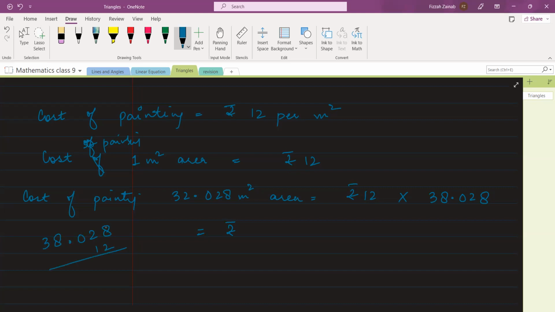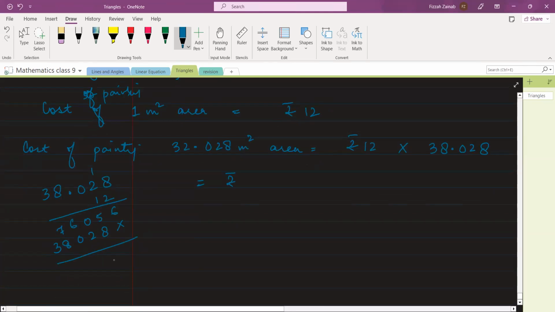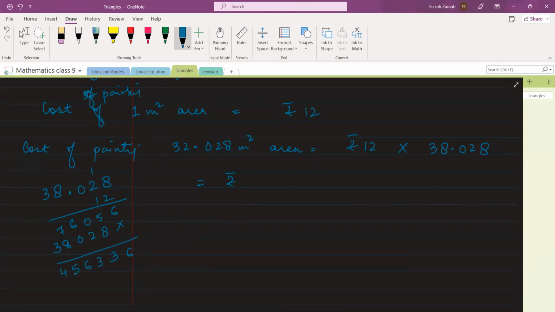So 2 into 8, 16, carry 1, 2 into 2, 4, and 1, 5, 2 into 0, 2 into 8, 16, carry 1, 3, and that becomes 7. 1 into 8, 8, 2, 0, 8, 3, right? Now 6, 8 and 5, 13, carry 1, 3, 6, 16, 15, carry 1, 4, right?